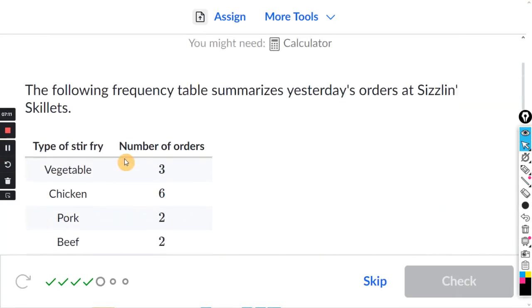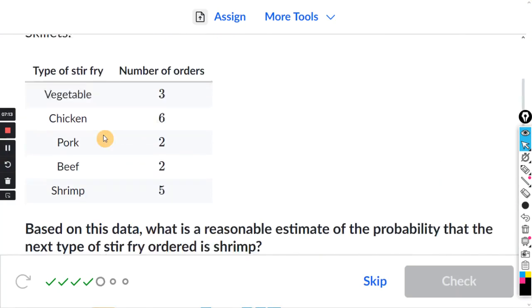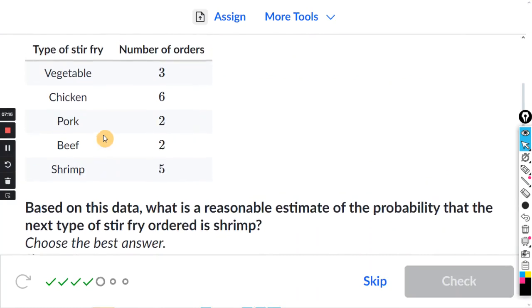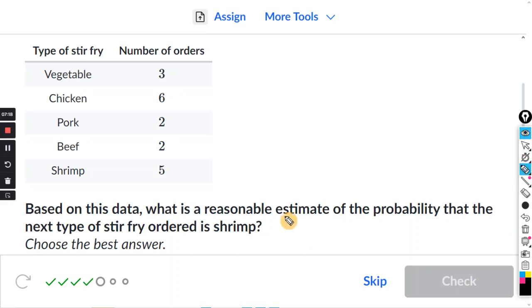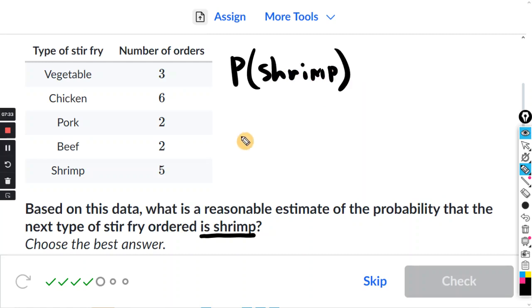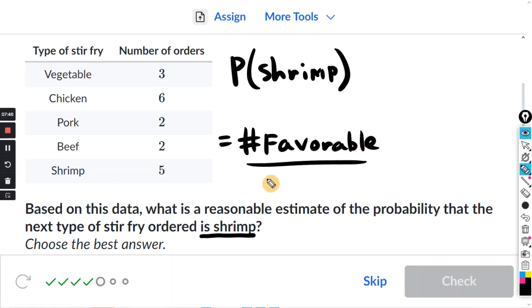All right, let's see, maybe one more. Here's a frequency table. What is a reasonable estimate of the probability that the next type of stir-fry order is shrimp? Okay, so the probability of getting shrimp is going to be number of favorable divided by the total number.